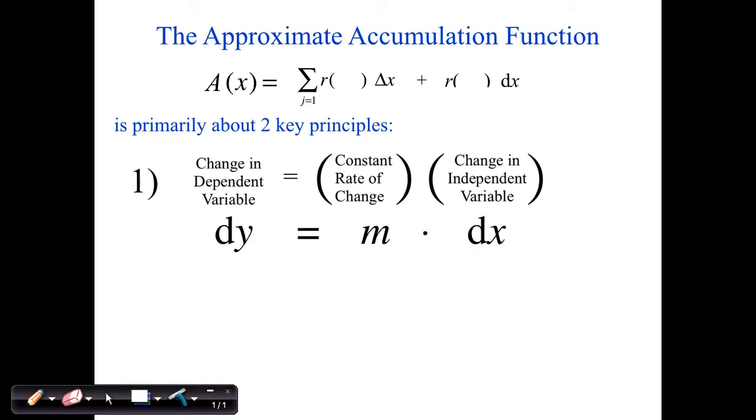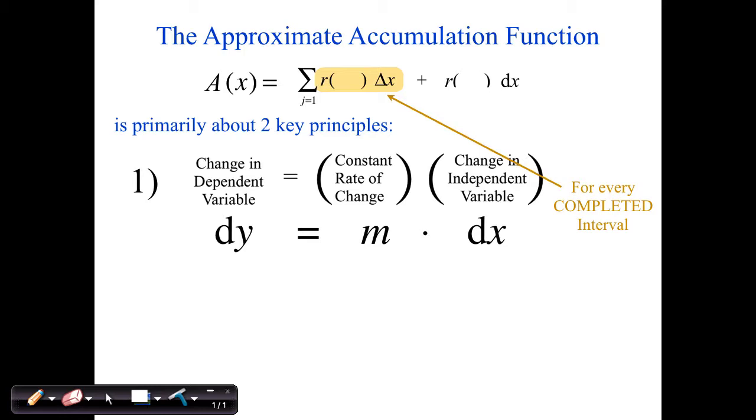So dy equals m dx. Any change in your dependent variable, any amount of accumulation of something, whatever it might be, is based on having a constant rate of change times a bit of change in the independent variable, whatever that might be for the specific context.